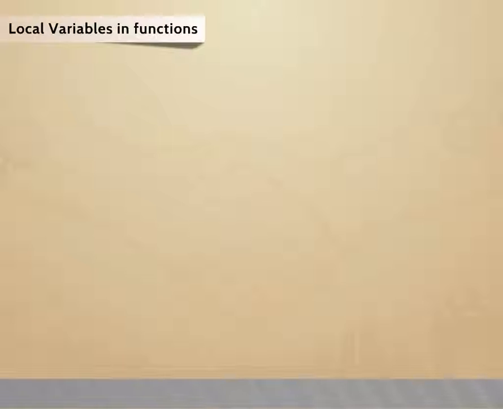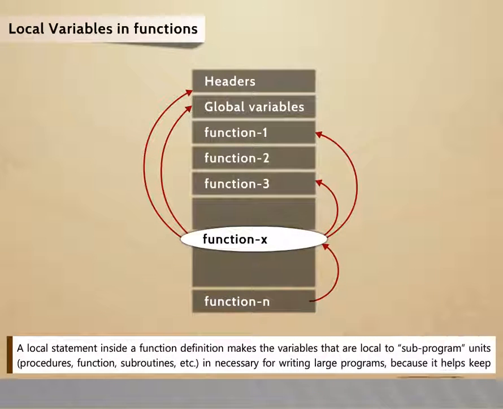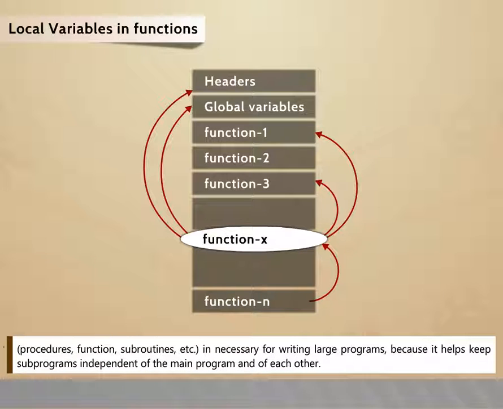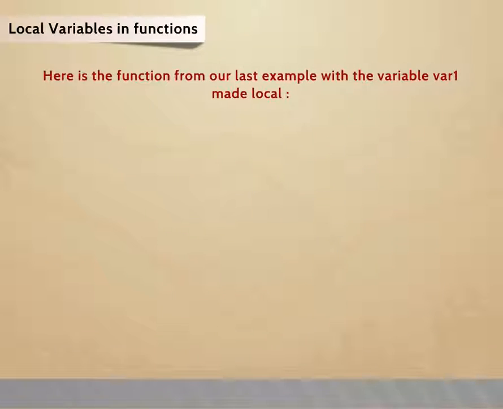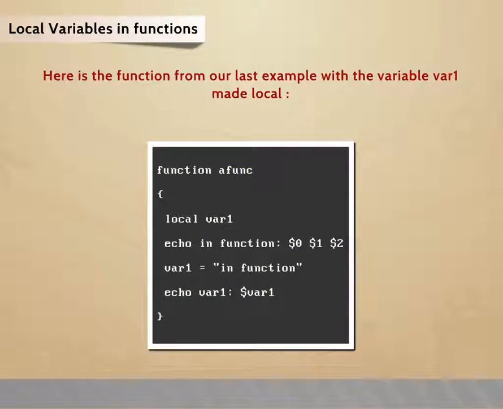Local variables in functions. A local statement inside a function definition makes the variables local to the function. Local variables in subprograms, units, procedures, functions, subroutines, etc. are necessary for writing large programs because they help keep subprograms independent of the main program and of each other. Here is the function from our last example with the variable var1 made local.